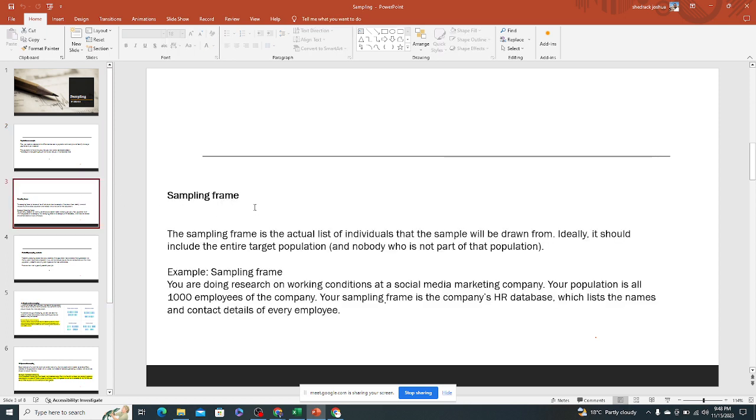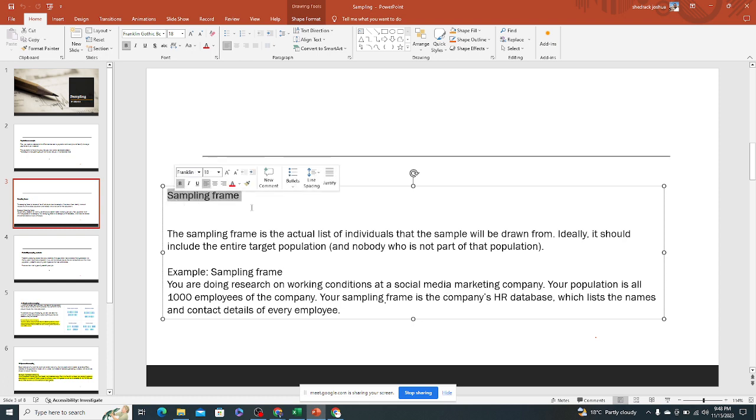After that we have what we call the sampling frame. The sampling frame is the actual list of individuals that the sample will be drawn from.